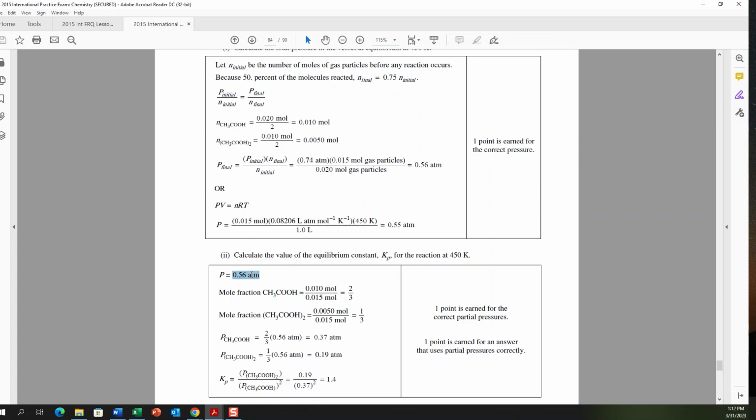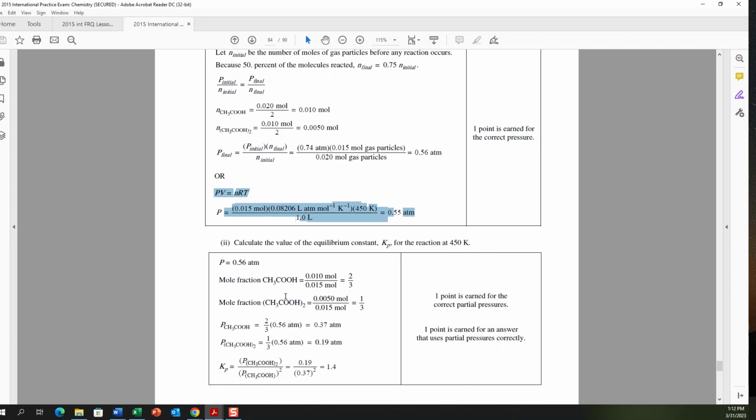Now, we calculated 0.55 because we did it the ideal gas law way. So I use 0.55 in mine. But you would just say 2/3 of this pressure is the ethanoic acid, and 1/3 of that pressure is the other species. And so those would be our pressures. We plug them into the Kp expression, and we solve for Kp.